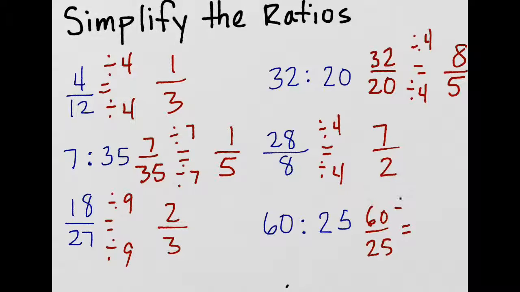The number that will go into both of those numbers is 5. 5 goes into any number that ends in 5 or 0. So 5 goes into 60 12 times, and 5 goes into 25 5 times. So my ratio is 12 to 5 when simplified.